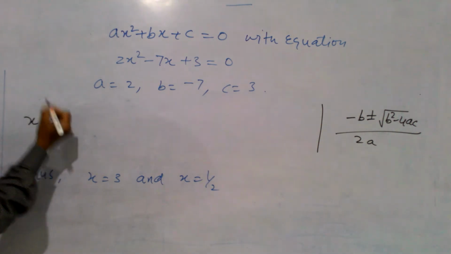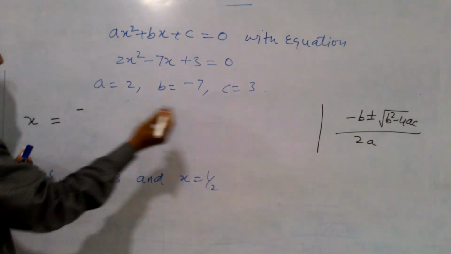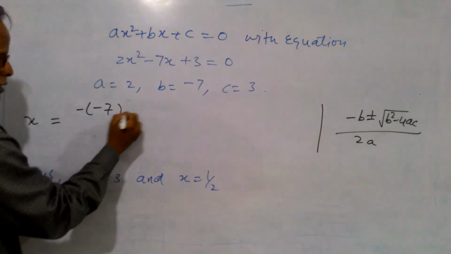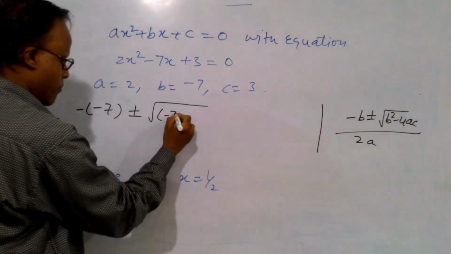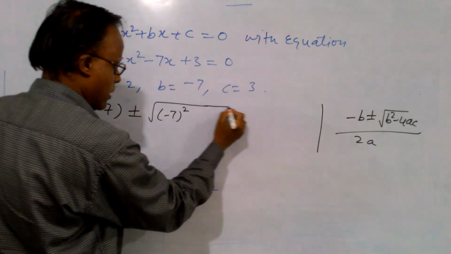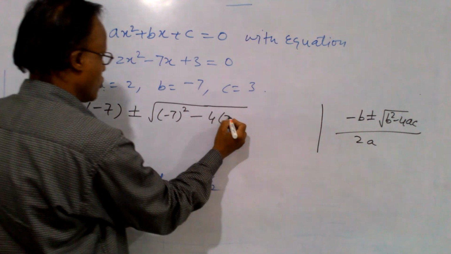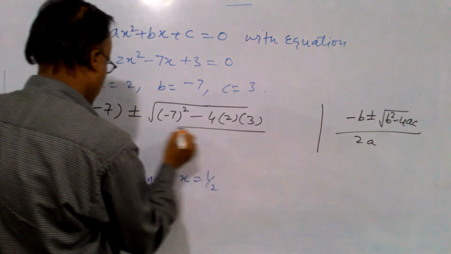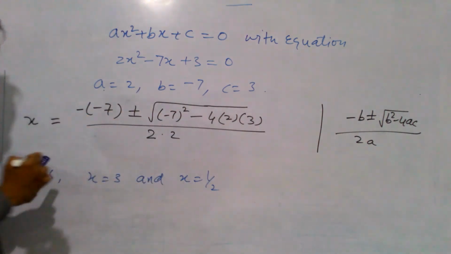So the solution or roots of the given equation are x equal to minus b. What is the value of b? Minus 7, plus minus under root b square, minus 7 whole square, minus 4ac. What is the value of a? 2. What is the value of c? 3, whole upon 2a, into 2.